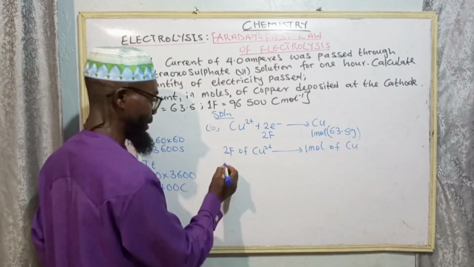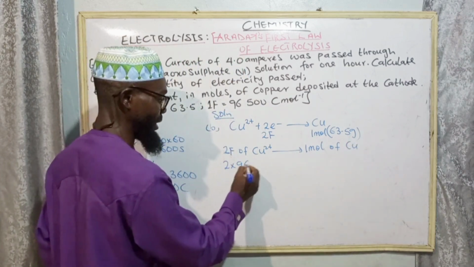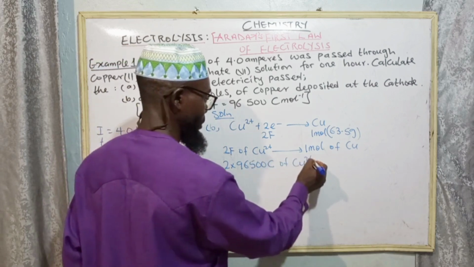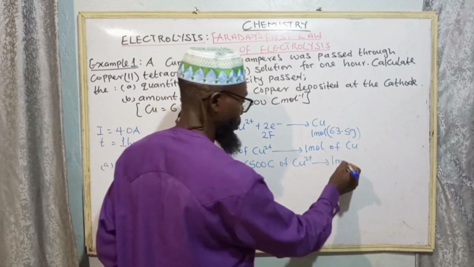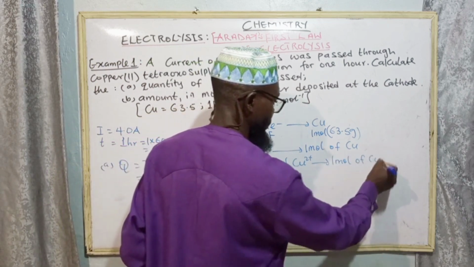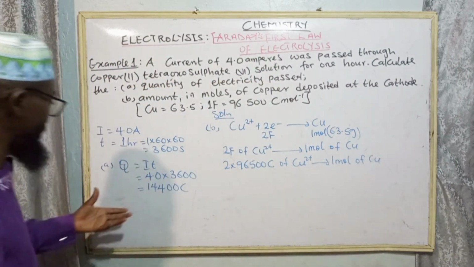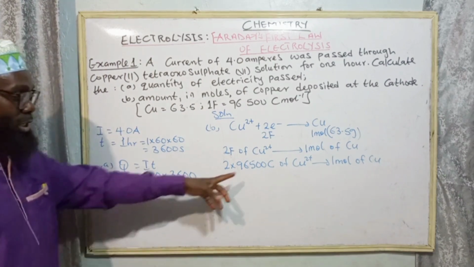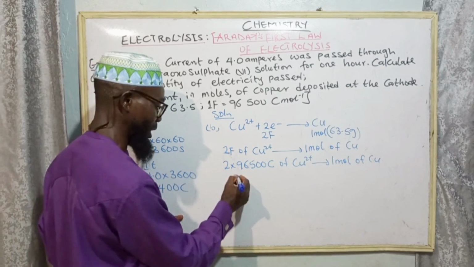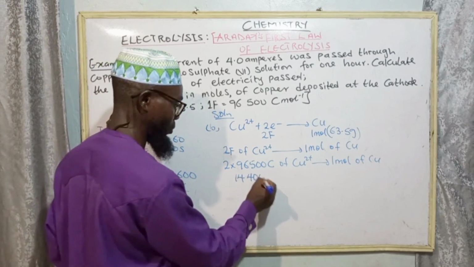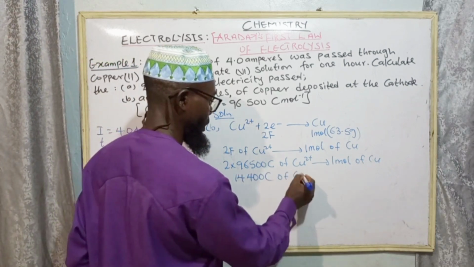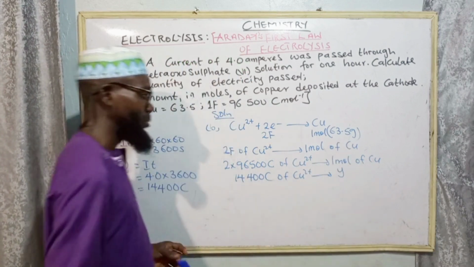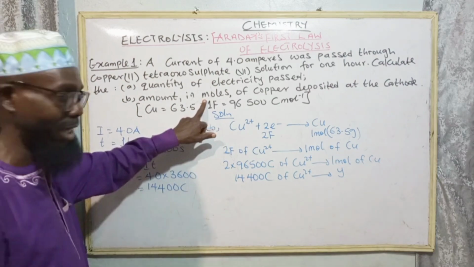And 2 Faradays means 2 times 96500 coulombs of copper 2+ to give us 1 mole of copper. And when we look at the quantity of electricity that we got here, 14,400 coulombs, this coulomb will be under this coulomb. 14,400 coulombs of this copper 2+ will give us how much? Let's call it Y.